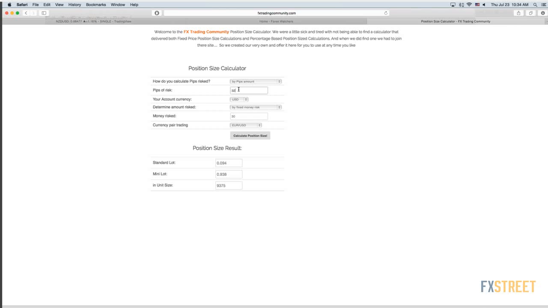If your risk changes, now suddenly if you're trading a big trade and you have a 70 pip stop loss, you calculate that. Your lot size reduces, but if you lose that trade and you lose all 70 pips, you still only lose $30. You must keep this constant.